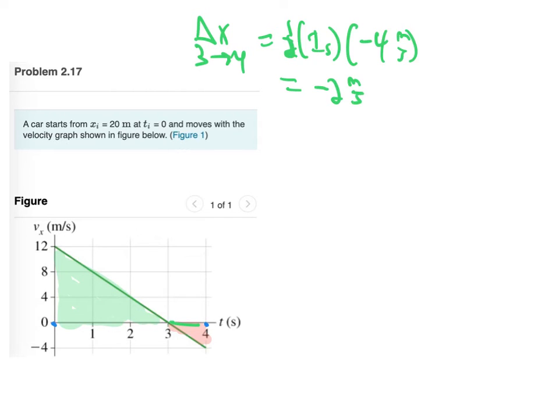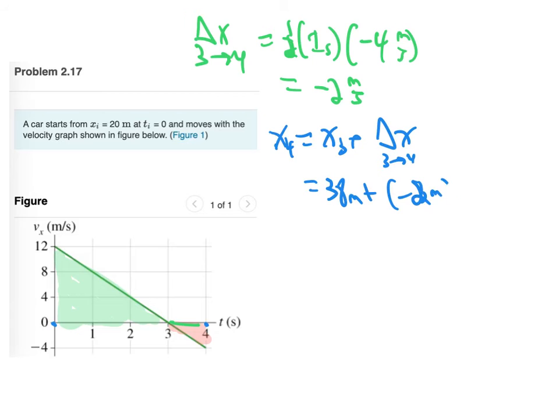And x at 4 is x at 3 plus delta x from 3 to 4. So it's 38 meters plus minus 2 meters, or 36 meters, which is one way to do that, and that's fine.